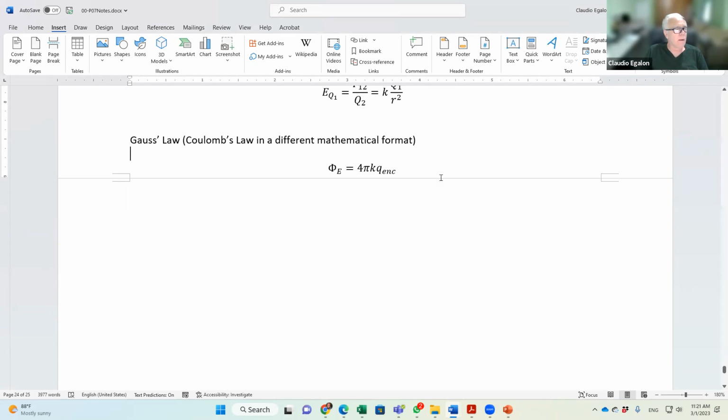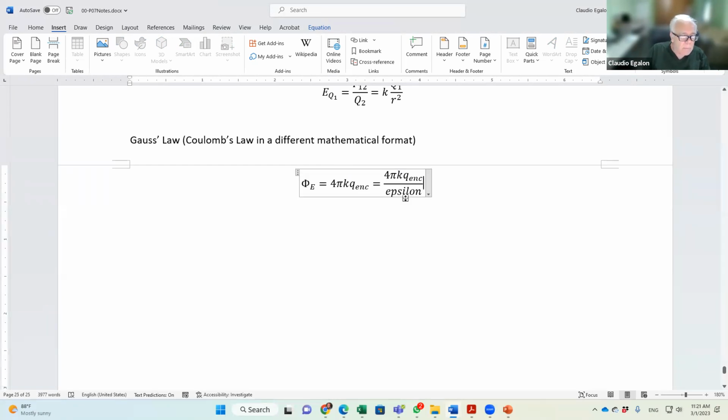This is another law. This is the same law that you saw, but in a different format. Okay, and you have to memorize it. The other way to formulate it, with epsilon, is to formulate without the 4 pi k.